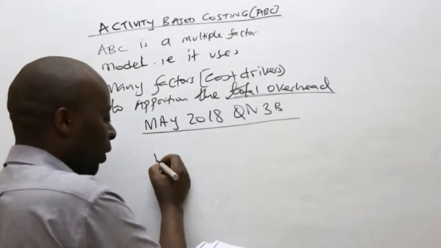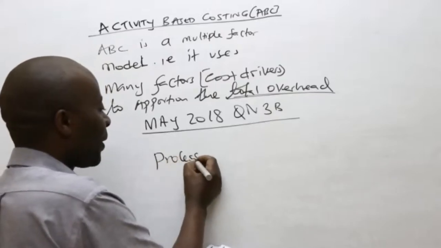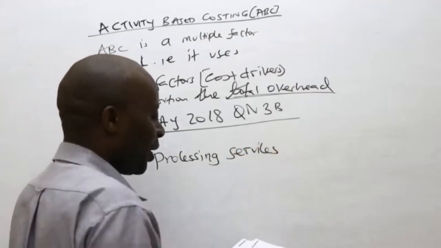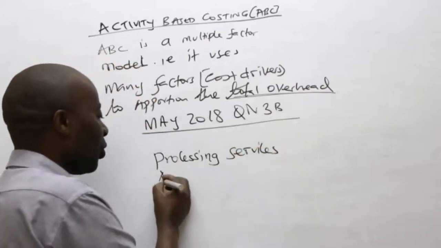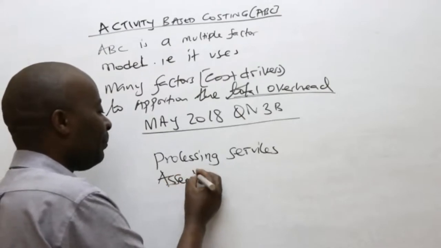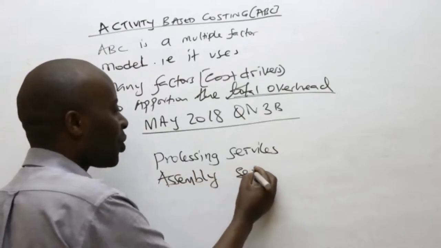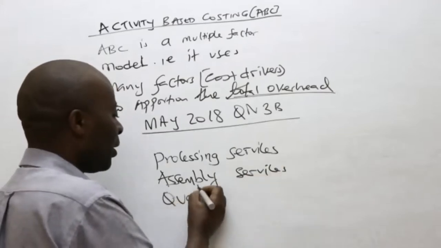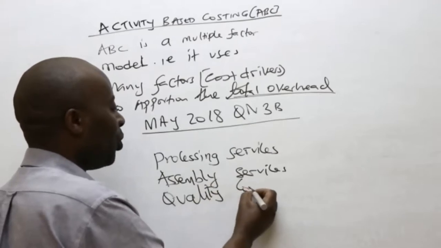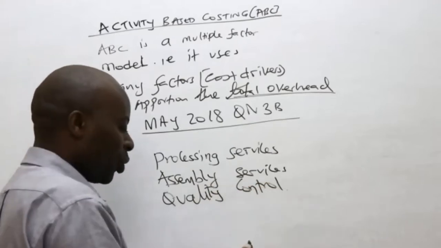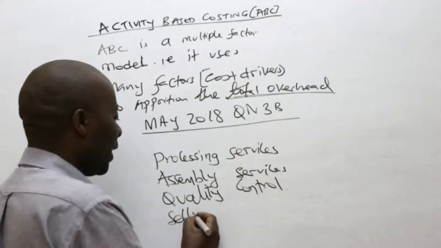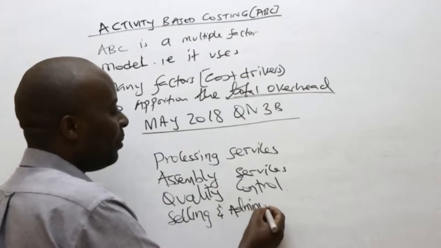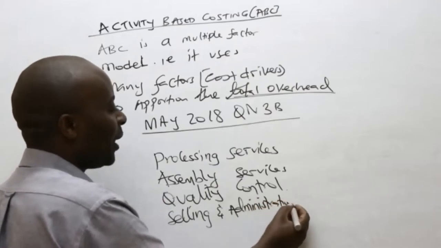So we start with processing services. The second one is the assembly services overhead cost. We have quality control, and then we have the selling and administration.